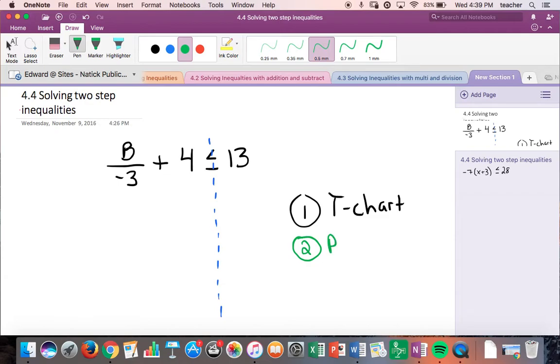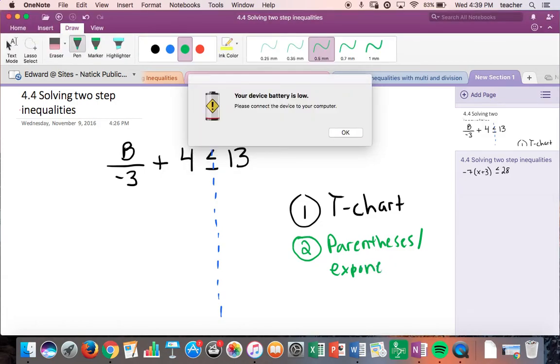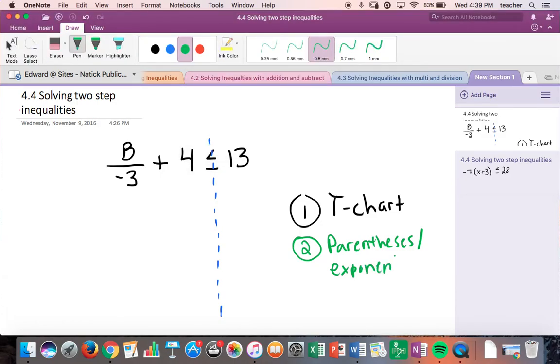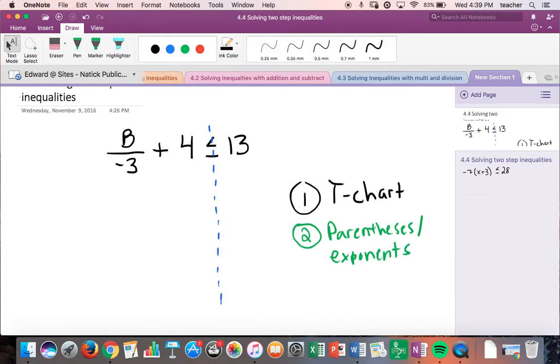In this case, it's going to be parentheses slash exponents, and I'm going to do them both in one step, just because in this case we don't really have either parentheses or exponents, so I can combine them together and do it quickly. I look for parentheses, I don't see any. I look for exponents, and I don't see any. So then I'm going to move on to the next step.